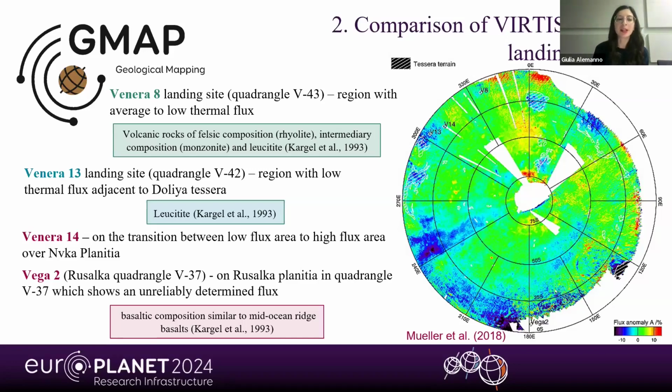And the same can be said for Venera 13. Also, the elemental analyses that have been performed at this landing site are consistent with this rock. For Venera 14 and Vega 2, it is mainly observed that the composition is probably basaltic, so it can be more similar to the mid-ocean ridge basalt composition that we have on Earth.